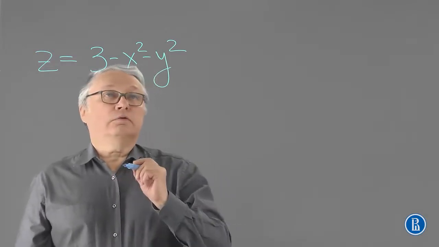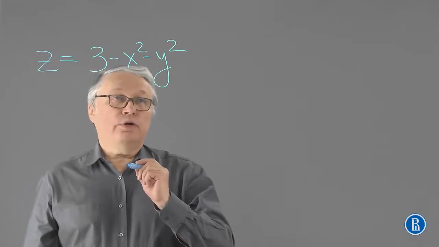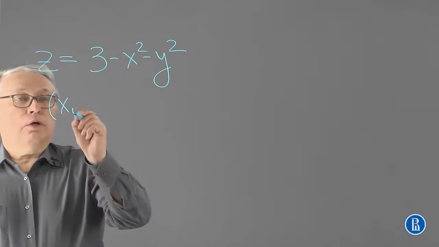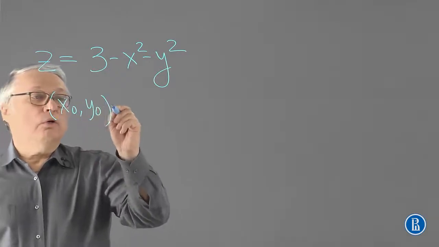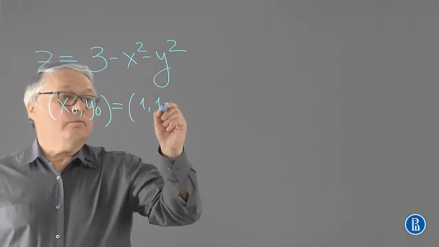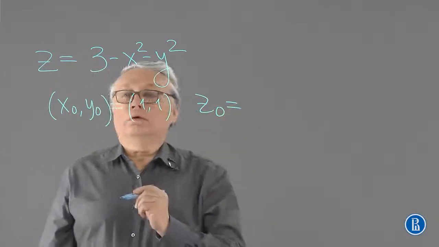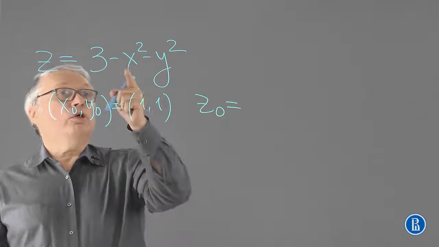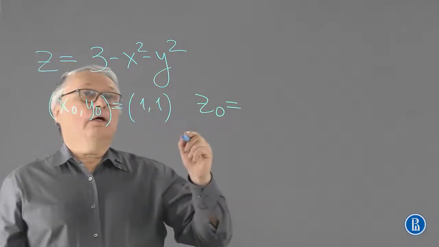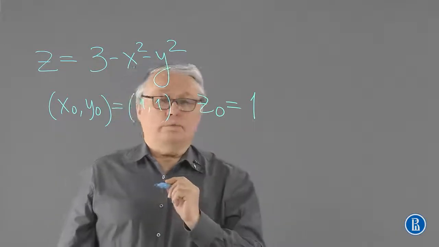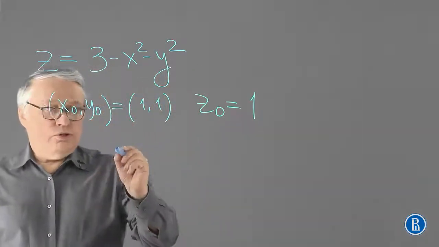And as for the point we're choosing, let it be x0, y0 = 1, 1. Then z0 can be found by substituting for x and y. So when we have x and y equal to 1, z0 is also 1.